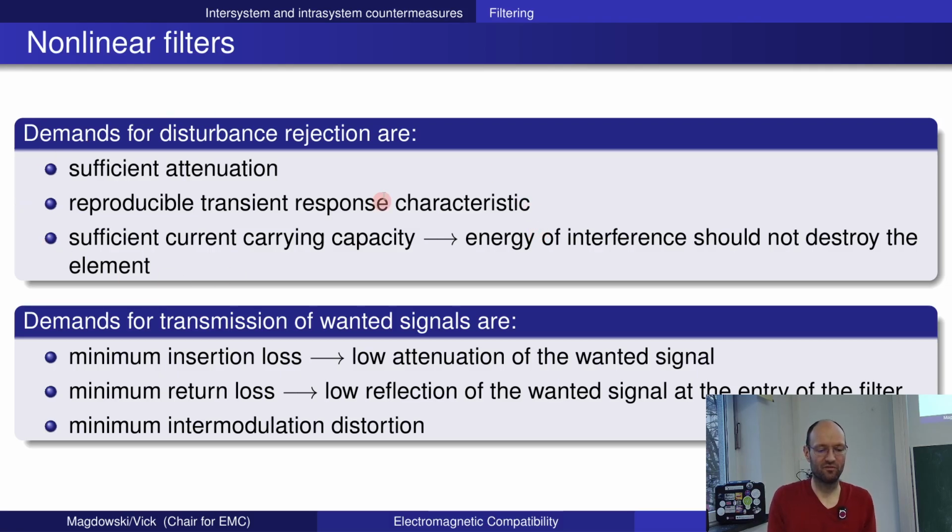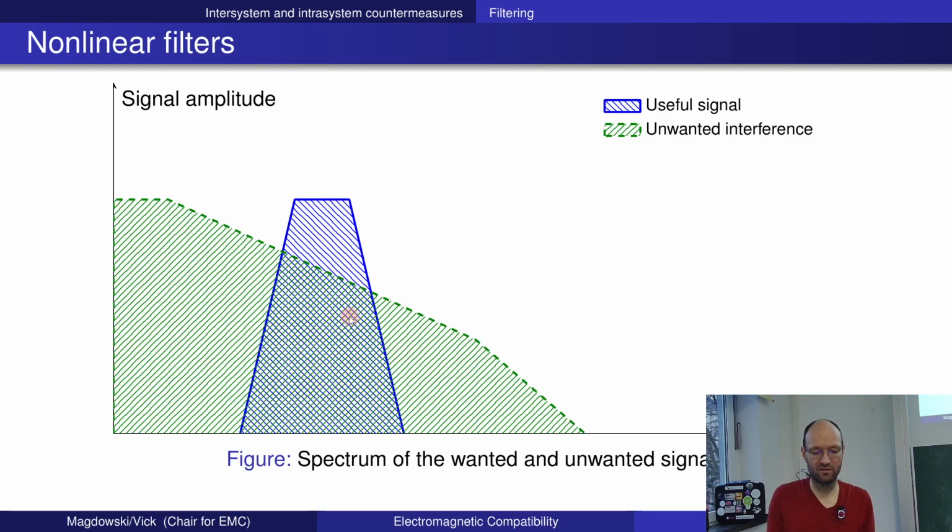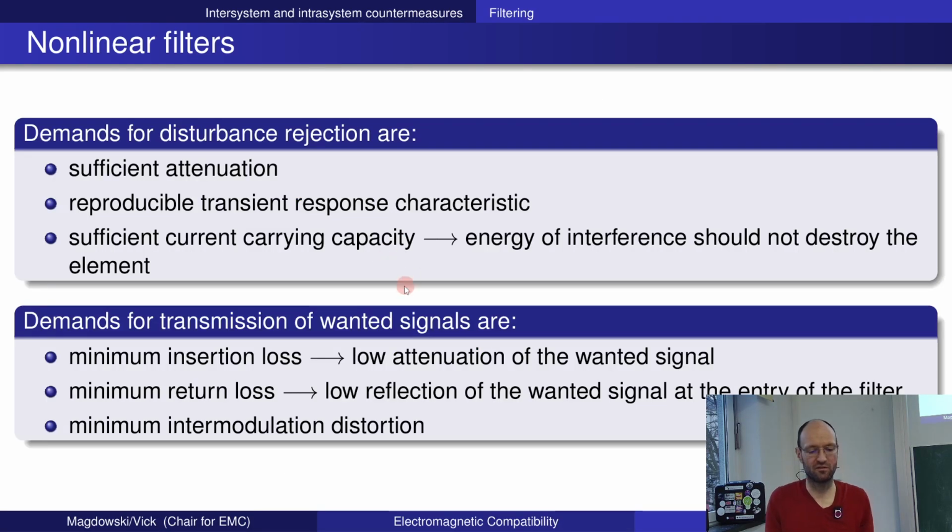These are the demands for getting rid of the disturbance. And the demands for the transmission of our wanted signal are that the wanted signal should not be disturbed. So there should be low attenuation, low reflection of the wanted signal, and no intermodulation, which means that no additional frequency components should be generated from our wanted signal.